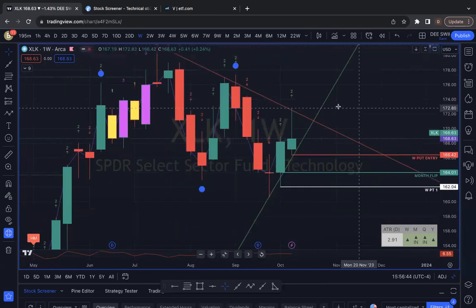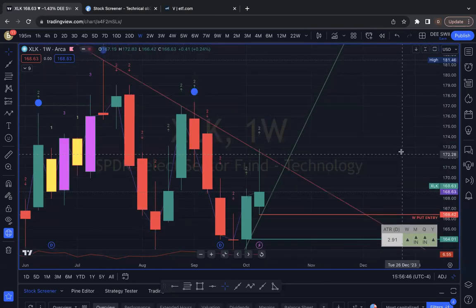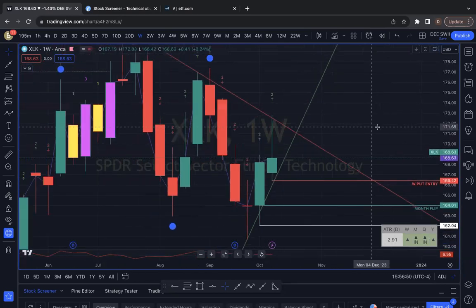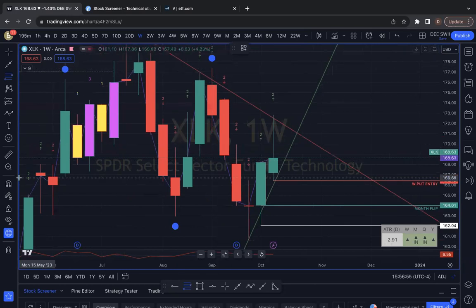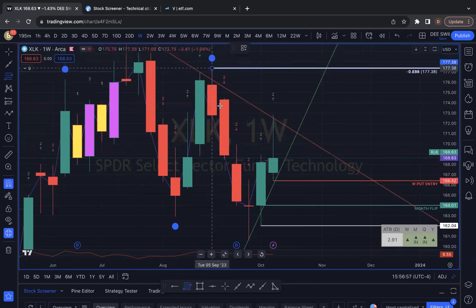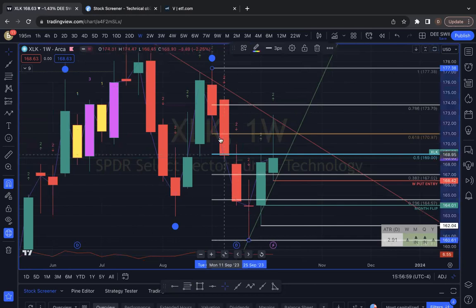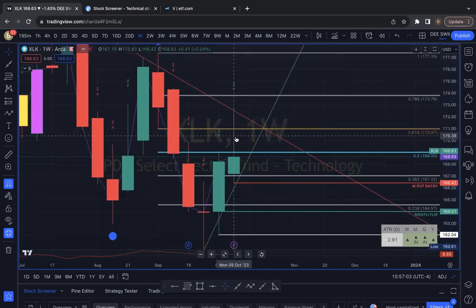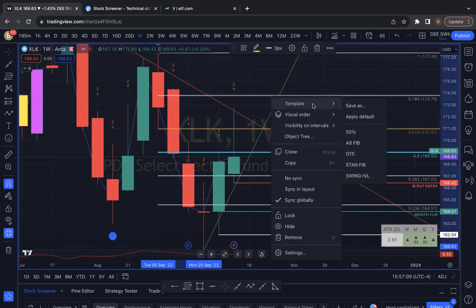So now I'll go to the weekly time frame. And we already said that we're in a downtrend on the weekly. So now I want to see, where did we reject on this weekly time frame? Where are possible areas of rejection for this downtrend? When I pull up my fibs, I see that we rejected this zone right here between the 618 and the 786.